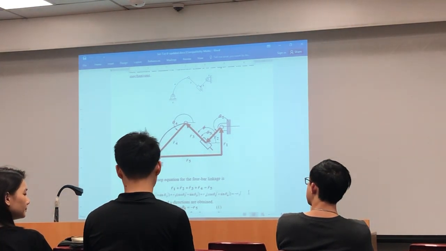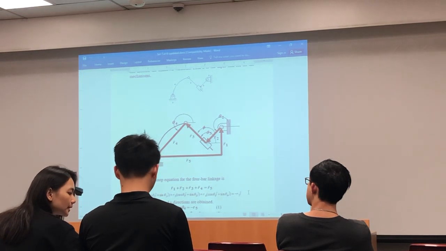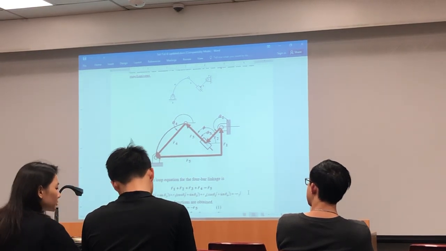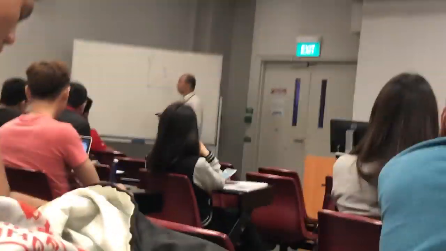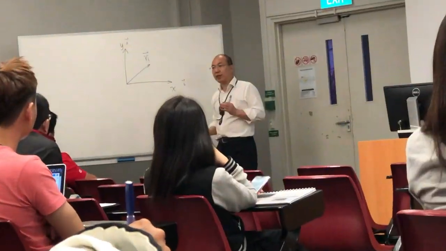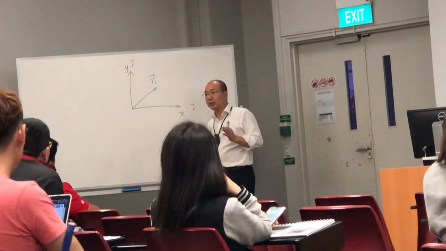Okay. So normally what you do is, if you draw a vector here, this is a vector R1, vector R, right? And then we always use a convention to measure the orientation angle.